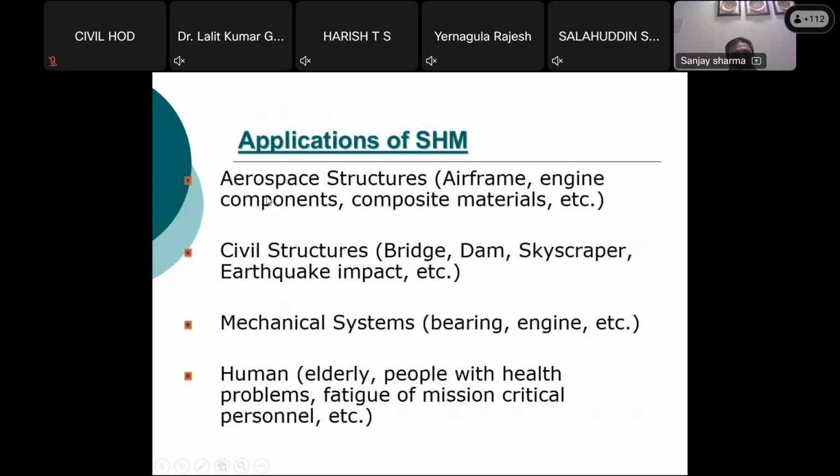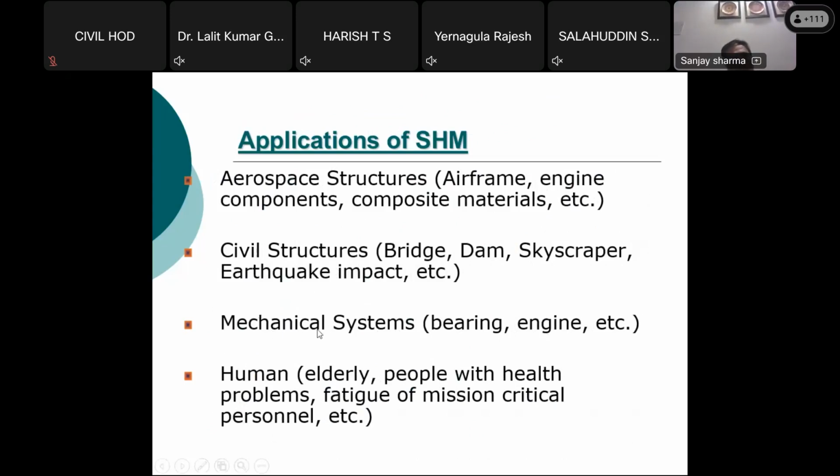But as I said, one of the applications of structural health monitoring is aerospace structures, like airframes, engines, components, composite materials, etc. In civil structures, bridges, dams, skyscrapers, earthquake impact, etc. are being monitored. In mechanical systems, bearings and engines have that AI application.